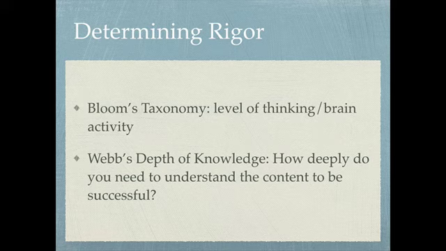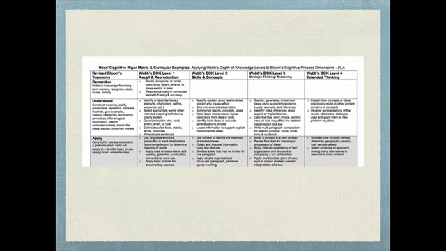So we're going to be pairing those two together. What we will be using is the Hess Cognitive Rigor Matrix, and you will have a copy of this. This is one way in which those two tools are put together on one sheet of paper to help make clear what makes a question or problem rigorous.